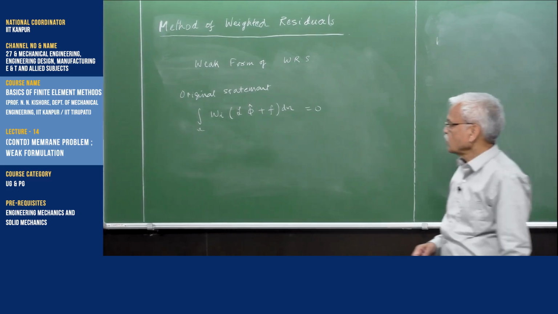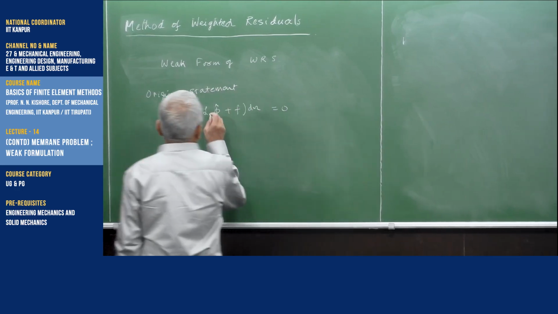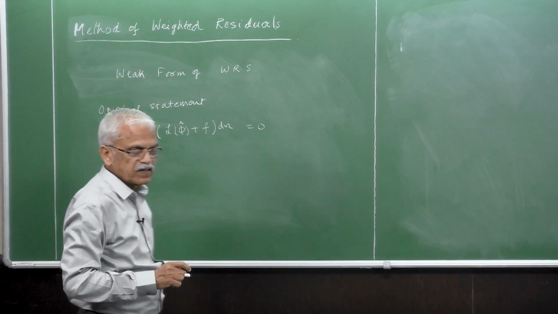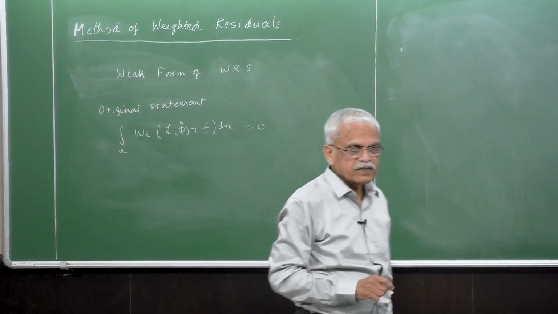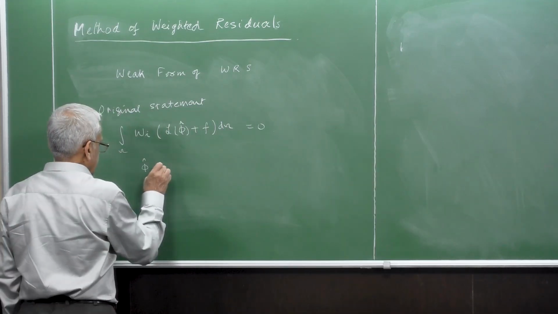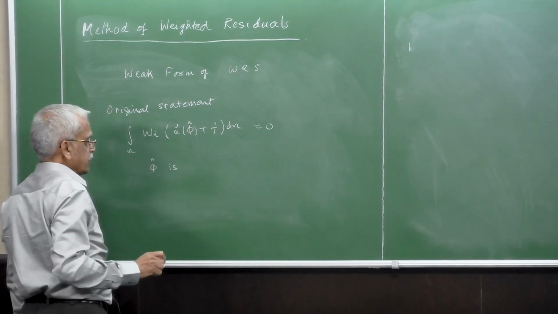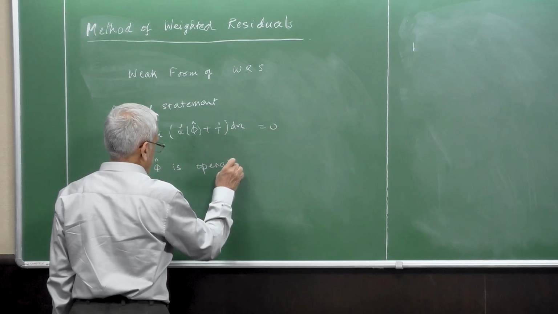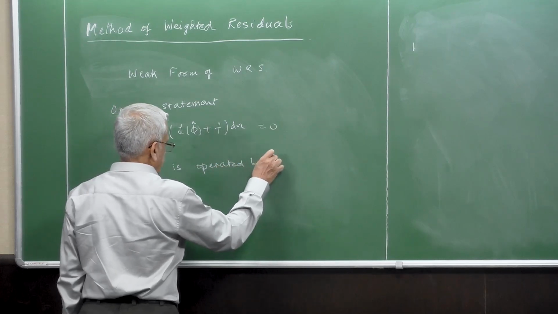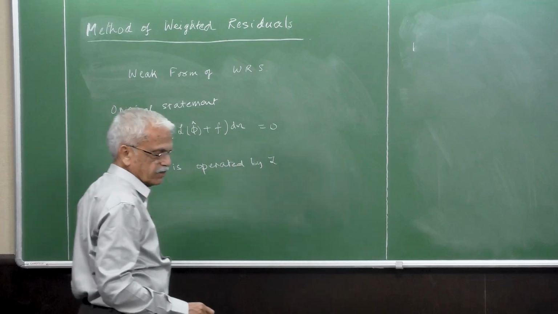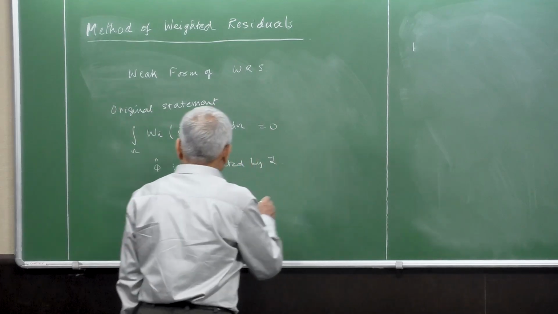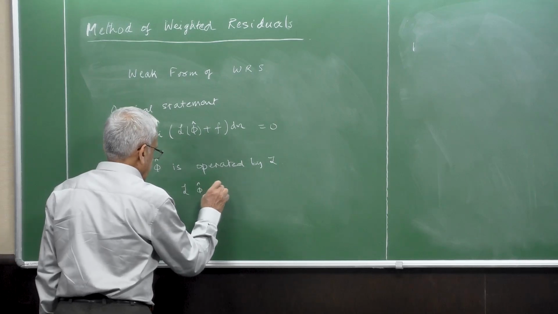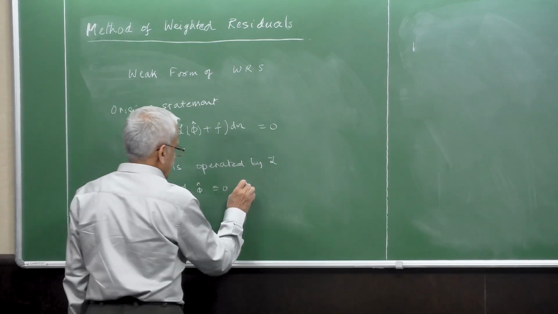Okay. So this phi hat, as you can see here, is being operated by L, which is a differential operator. So L phi hat should not be identically 0 in omega.